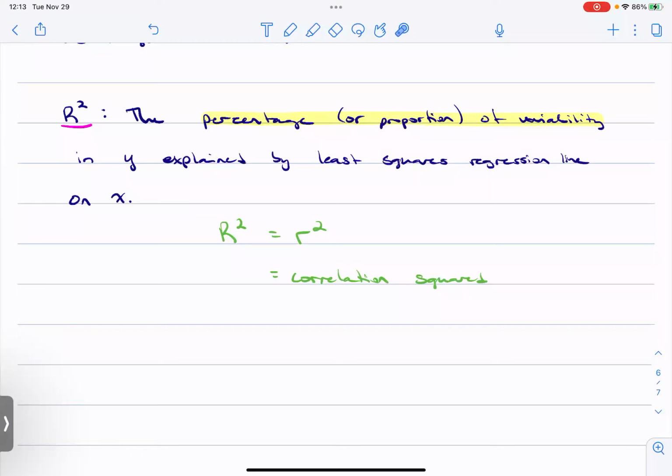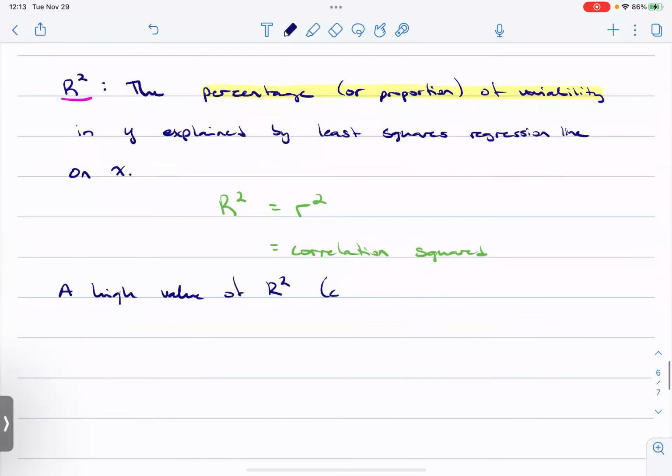And so a high value of R squared, which really just means close to 1 or 100%, is a reflection of a strong model, which means that we have very reliable results.